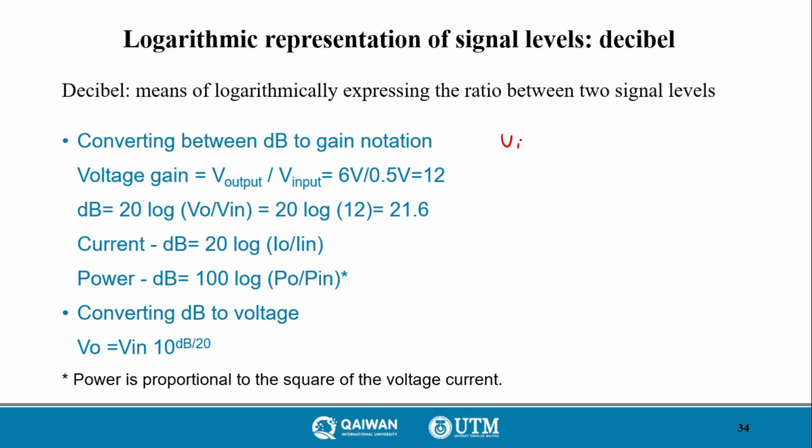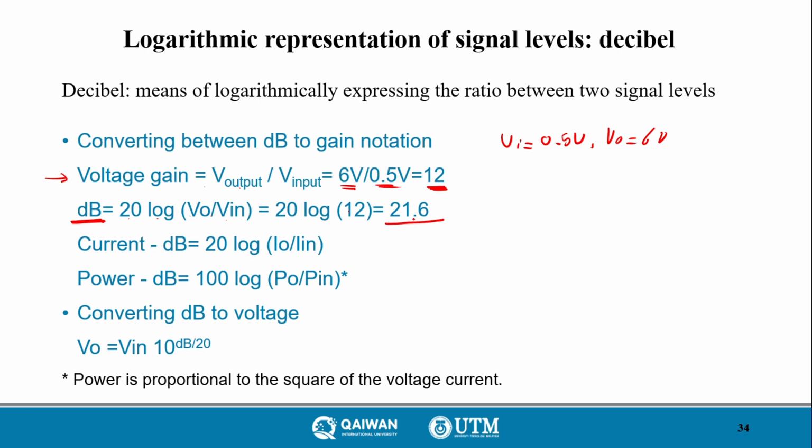If Vin was 0.5 volts and Vout was 6 volts, then the voltage gain equals Vout divided by Vin, 6 volts divided by 0.5 volts, so the gain will be 12. That's a unitless parameter. In dB, it will be expressed as 20 log Vout divided by Vin. 20 log 12 equals 21.6 dB. This is for the voltage.